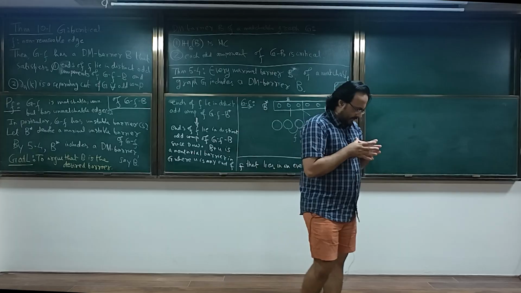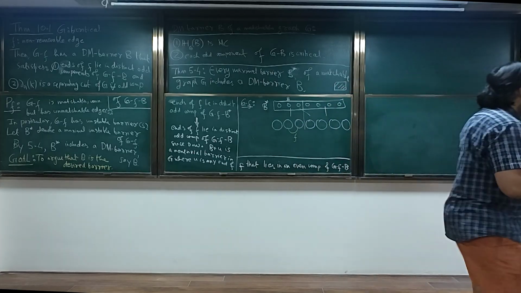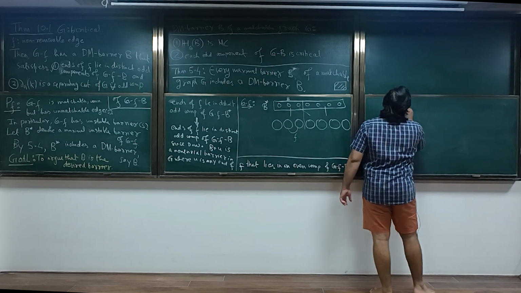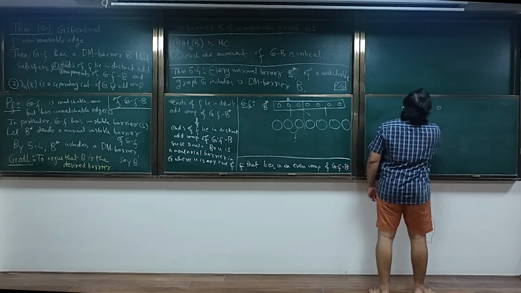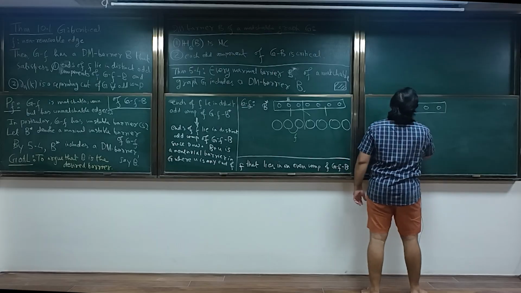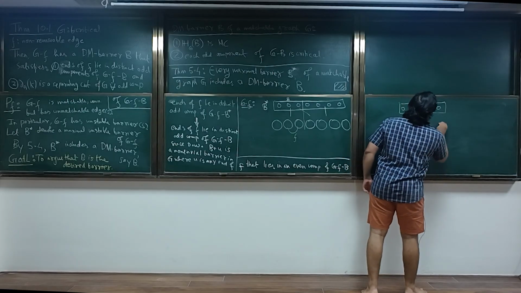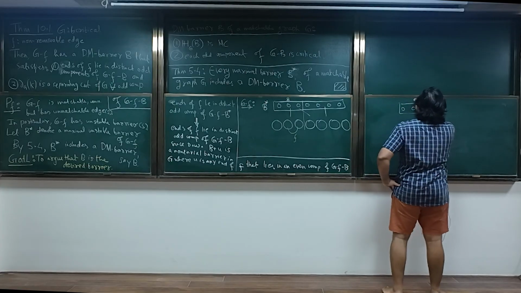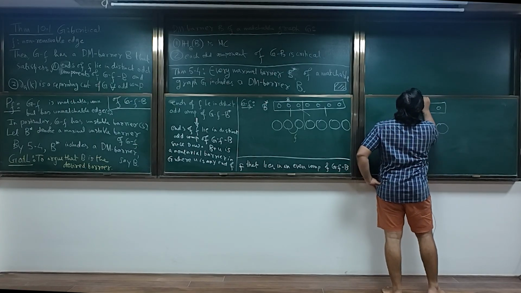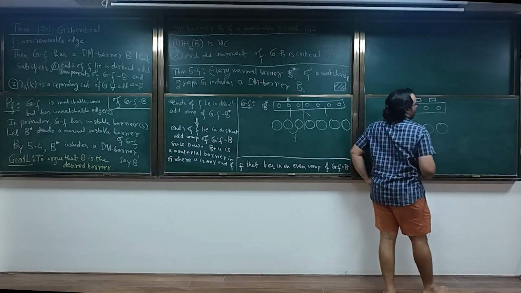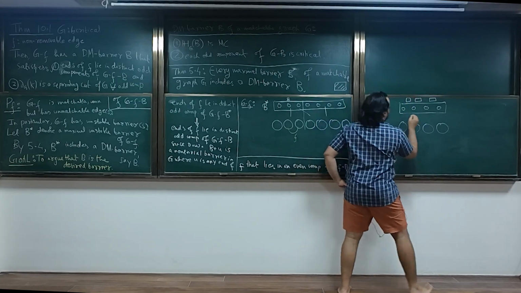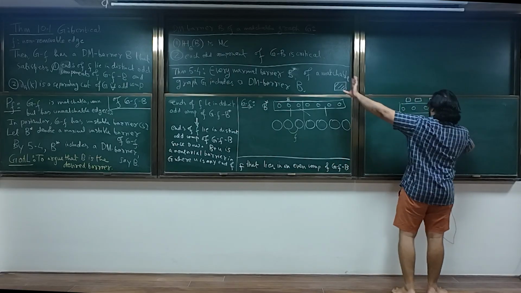For any barrier of G minus F, let's just do it. If I take any barrier, first let me take a non-trivial barrier. Supposing this is a non-trivial barrier of G minus F. That means there are odd components and even components. If I have a non-trivial barrier in G minus F, let me just write, this is now, we are out of the proof.